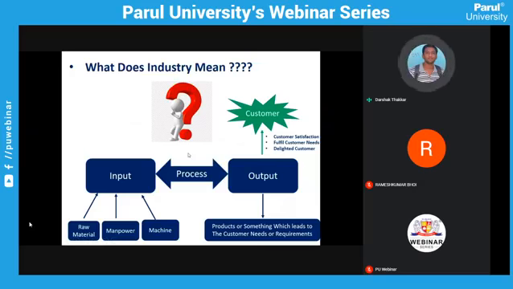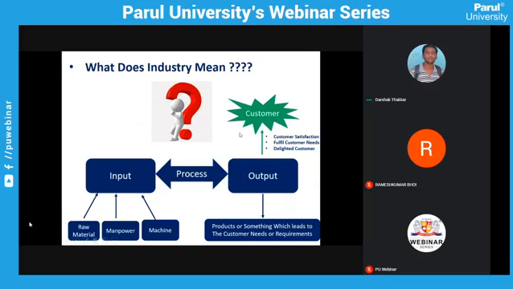Input in terms of raw material, manpower, machine. With the help of these, we do some process, we manufacture something, and we deliver it to our customer. So our main focus is our customer, right?